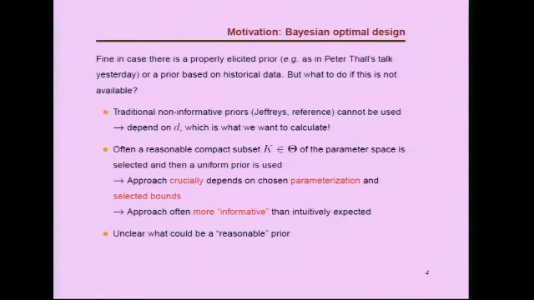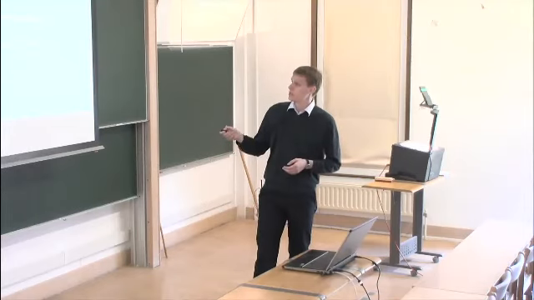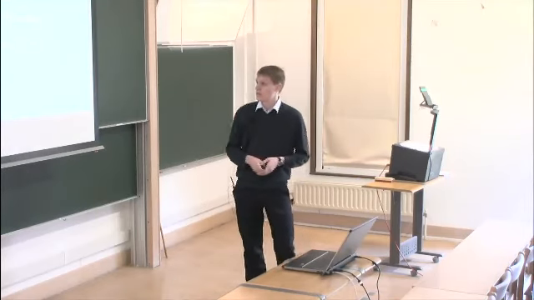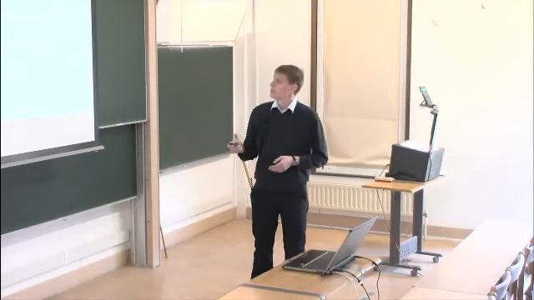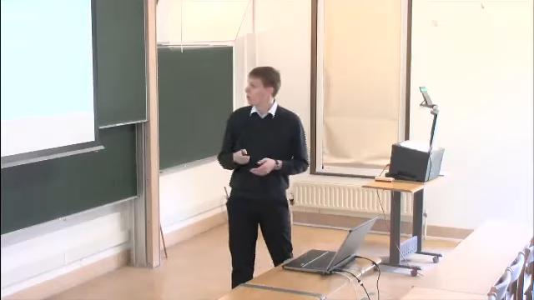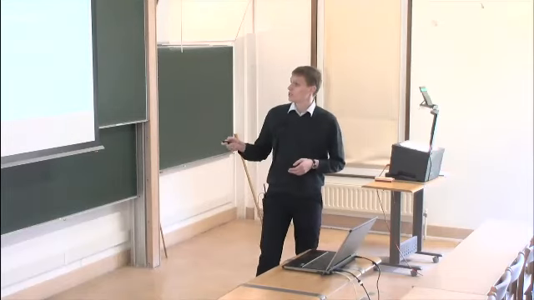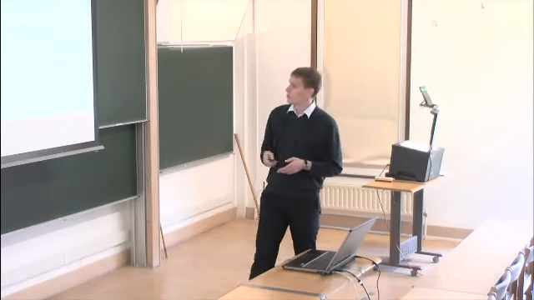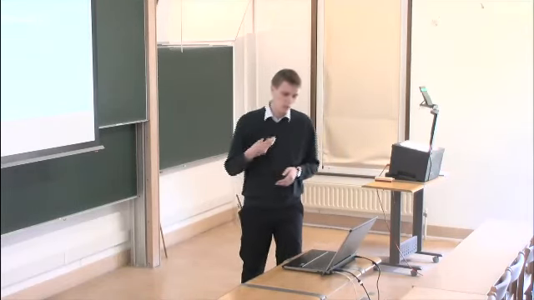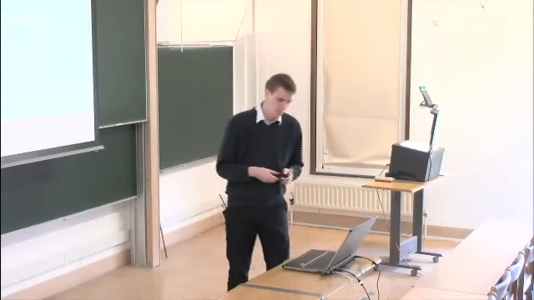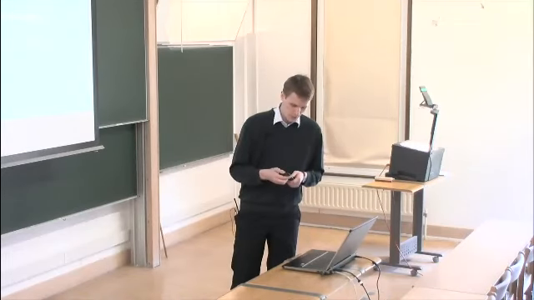So if you choose another parameterization, you might end up with a completely different optimal experimental design, and in addition, it is usually also quite sensitive to the bounds that you select. So uniform prior distributions on the parameter space are often much more informative than you might expect, especially in a nonlinear setting.